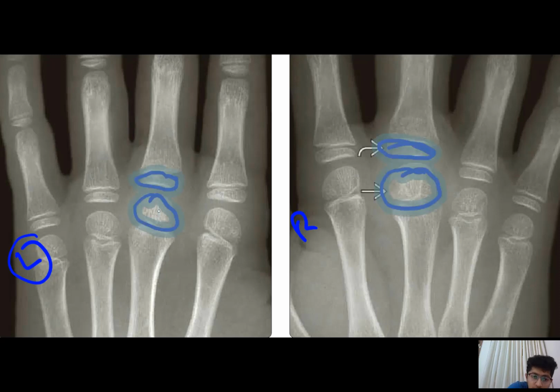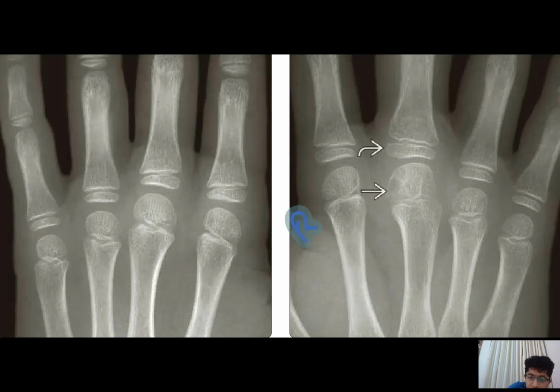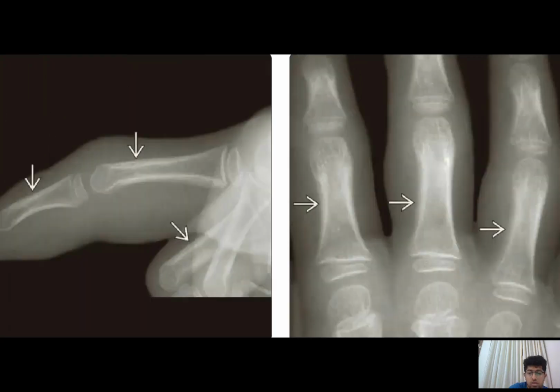Also if you see very carefully, we can see that there is some erosion present in the epiphysis of the metacarpal bone. Now this is a slightly advanced case of juvenile idiopathic arthritis, in which there is hyperemia which is causing enlargement of the epiphysis. Along with that, we can also see the erosions which are present here.